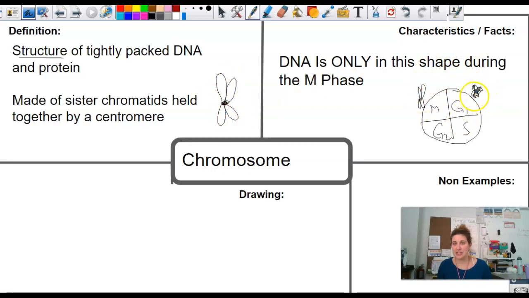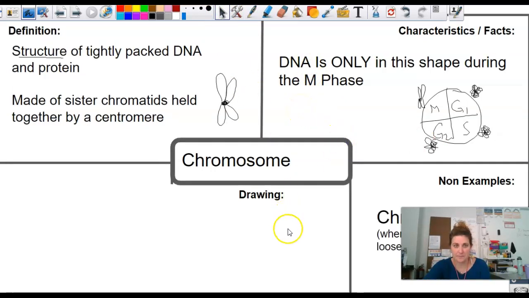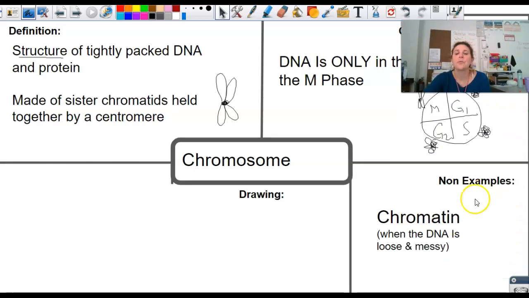Otherwise, DNA is chromatin. So this chromosome is a specialized structure that only exists during the M phase. A non-example is chromatin. That's when the DNA is loose and messy.